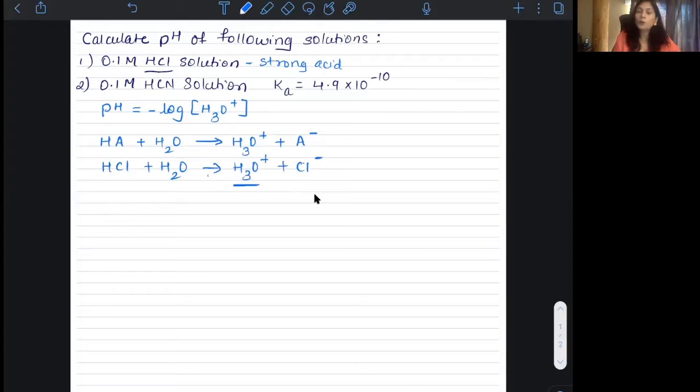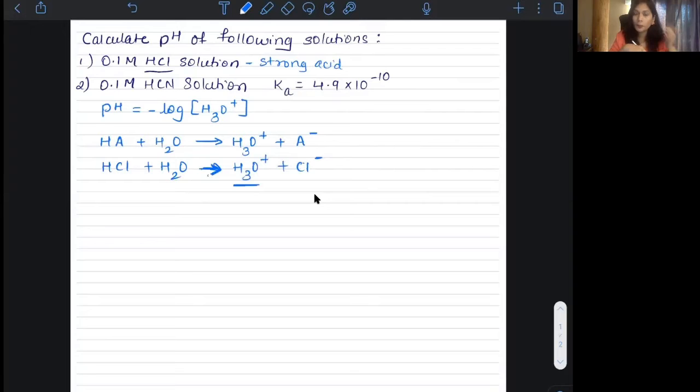Now, as we know, since this is a strong acid, it is going to completely dissociate. This is also shown by this single arrow pointing in one direction, which means that every molecule of HCl is going to dissociate into hydronium ions.